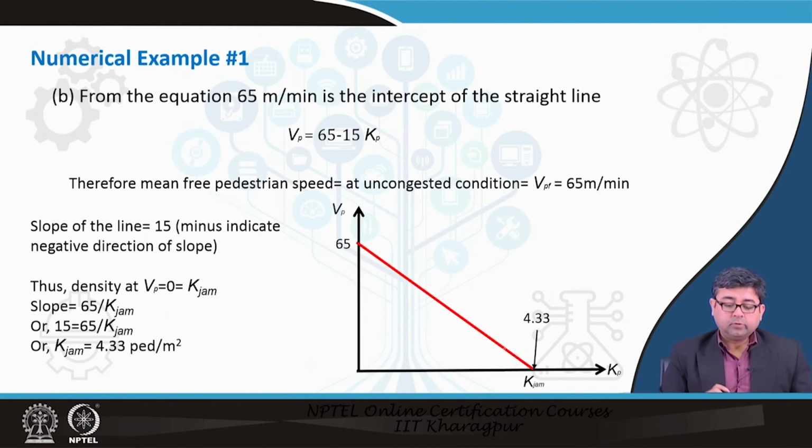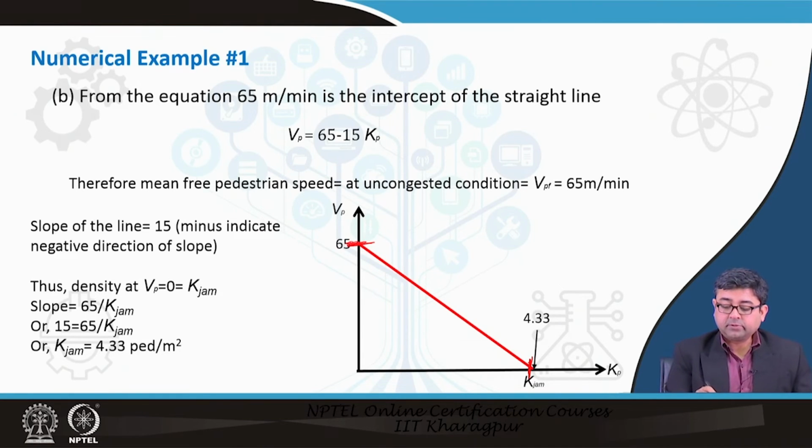Now, how do you show it in a graphical manner? We know it has an inverse relationship, but where does this cut the y axis and where does it cut the x axis? You have to know. The point where the graph cuts the y axis is called the free flow speed.